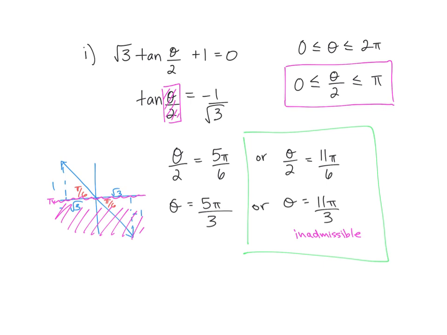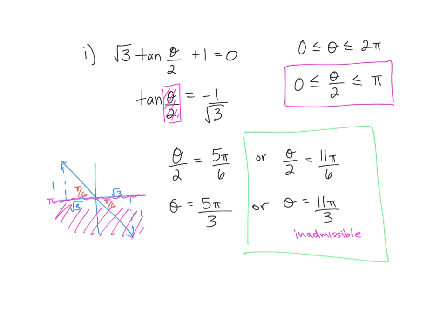Well, if I have a half angle, what that really means is I'm only going to be able to fit in what happens between 0 and pi. Because when I multiply everything by 2, theta becomes our theta, and when I multiply pi by 2, it becomes 2 pi. So I can only fit in a half rotation.